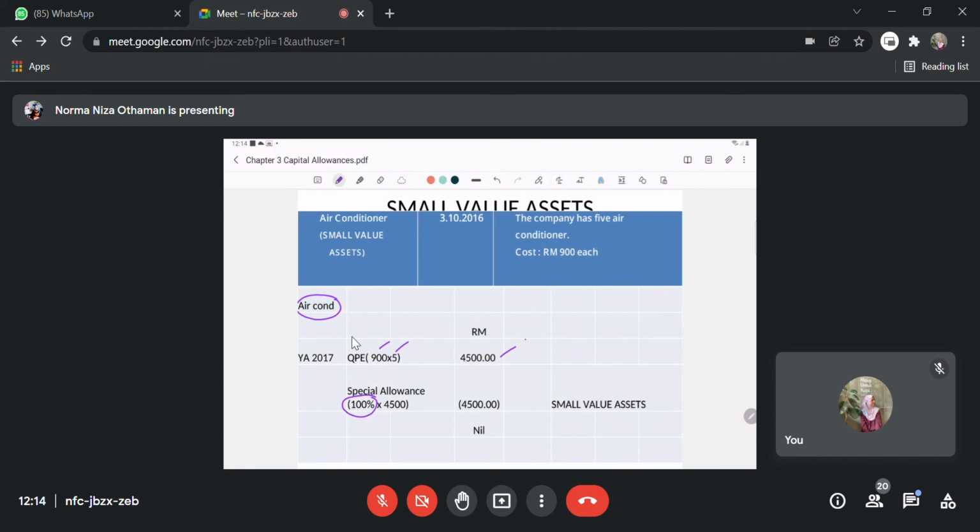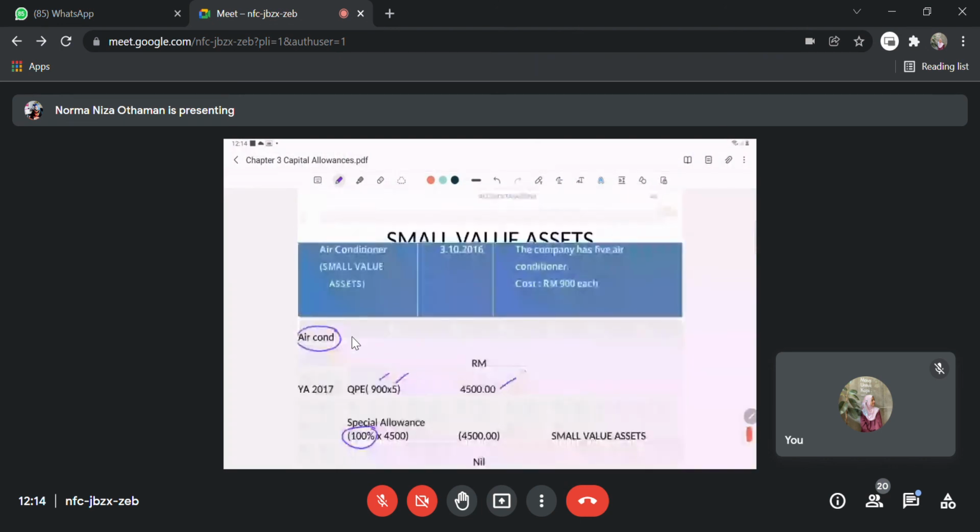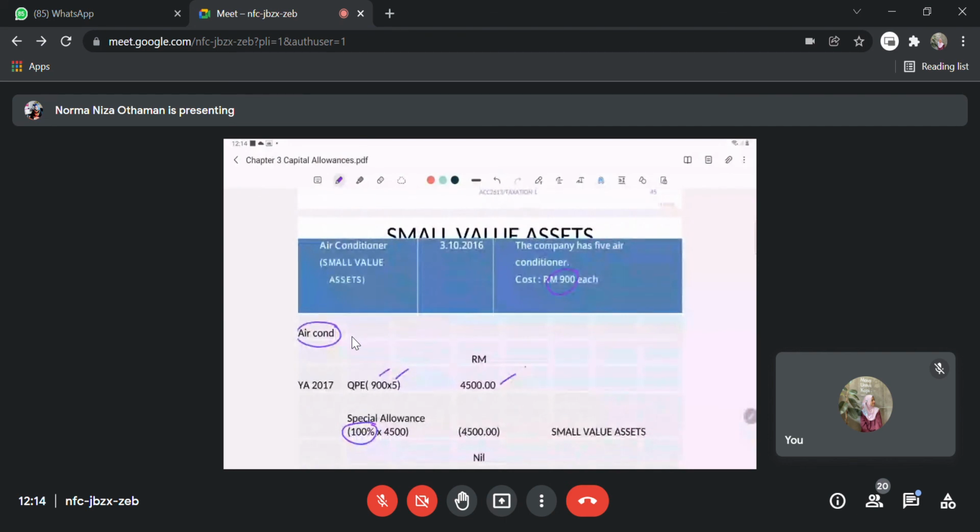Kita panggil dia sebagai special allowance sebab dia adalah small value asset. Okay, so tahun pertama dah boleh claim semua as long as dia tidak melebihi 20,000 in total. Nilai dia 2,000 each. Satu aset tu bernilai kurang daripada 2,000. So kalau tengok kat sini pun 900 sahaja satu aset. So dia adalah small value asset.